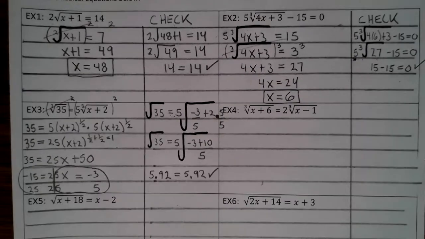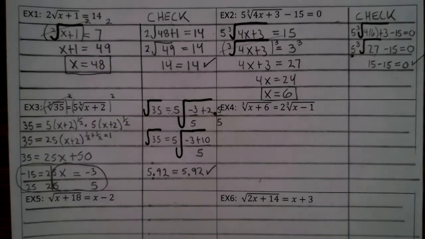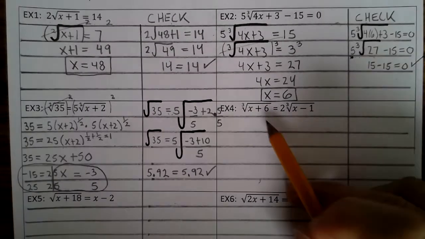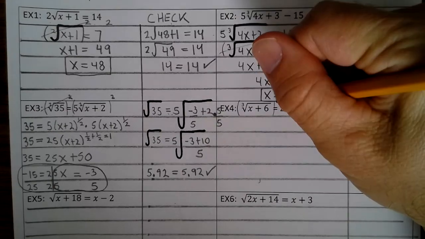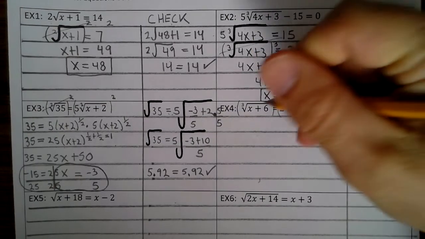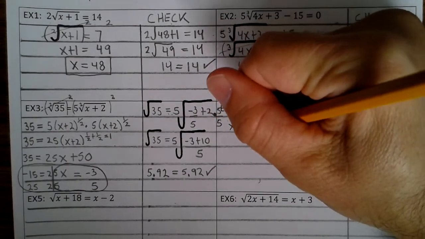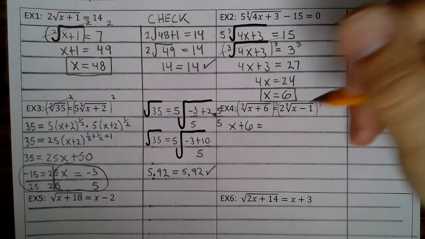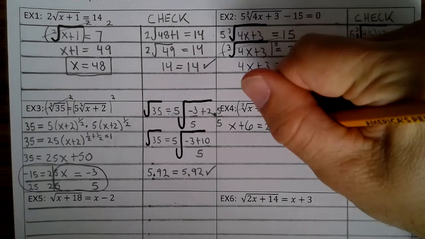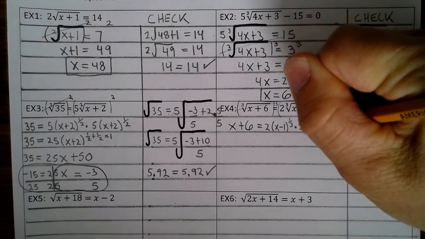All right, let's take a look at example 4. All right, now they're isolated as they can be, so we need to raise both sides to the third power. So this becomes power of 1, so you get x plus 6 equals, that's 2 times x minus 1 to the 1/3 power, times 2 times x minus 1 to the 1/3 power, times 2 times x minus 1 to the 1/3 power.